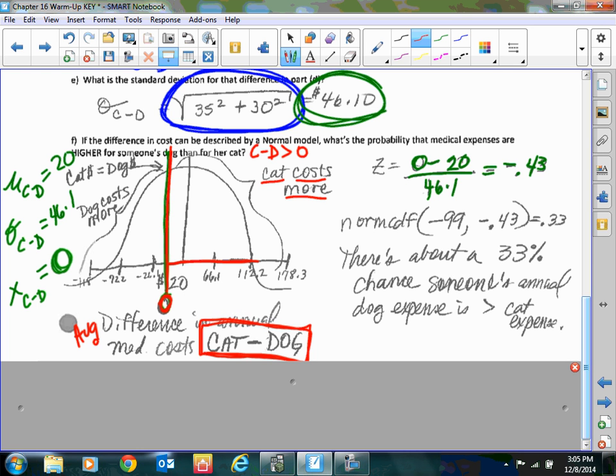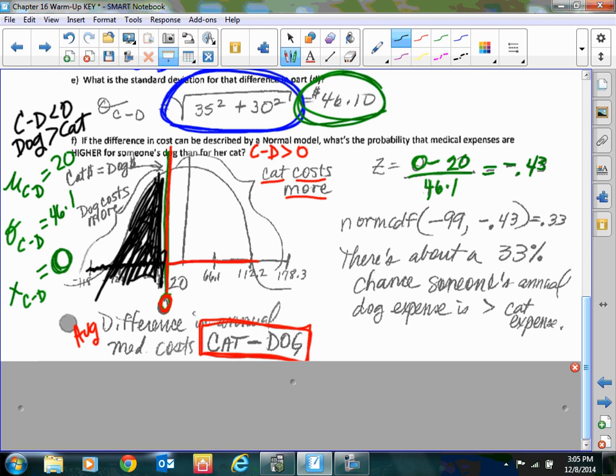All right, but over here on the left, if you have a negative difference, when you did cat minus dog and you got a negative number, that means that dog costs more than the cat. Dog costs more than the cat all over on this side of the equality spot, the z-score, or a value of 0, difference of 0.